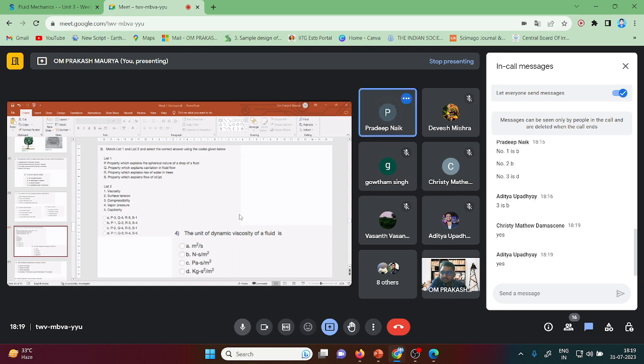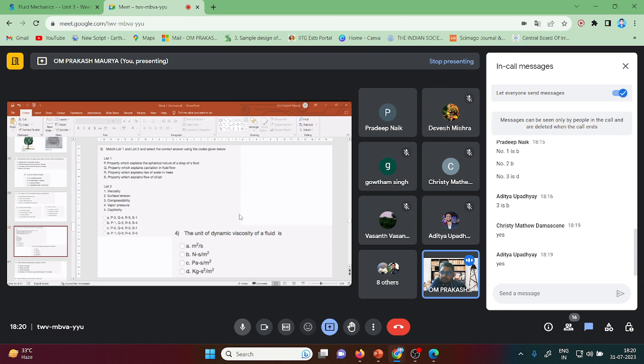Question number three is about matching. Match list one and list two and select the correct answer using the code given below. The code here means P, Q, R, S and 1, 2, 3, 4, 5.